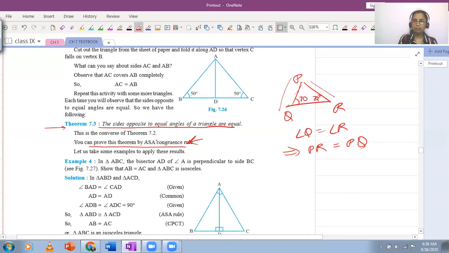If ASA is applicable, then AAS will automatically be applicable. If ASA is applicable, it is only the modified form. If two angles of one triangle are equal to two angles in the second triangle, then automatically the third one will also be equal. So that's the same. But other than these, SSS or maybe SAS or maybe RHS, just give it a try. Think about it.